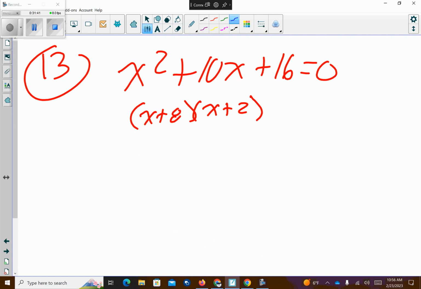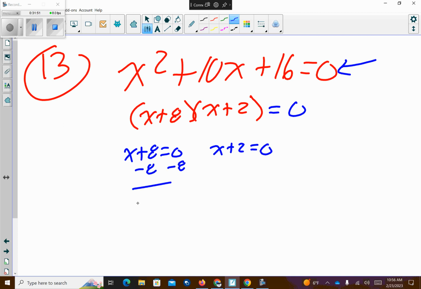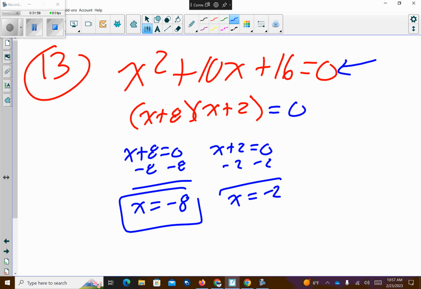But it's equal to 0. So these are equal to 0. So you break it apart. Minus 8, minus 8. Minus 2, minus 2. There's my two answers.